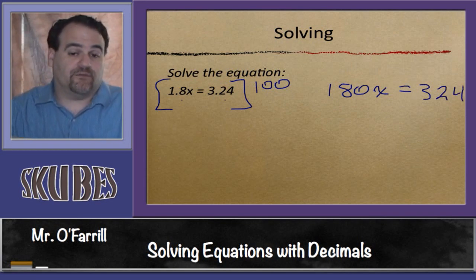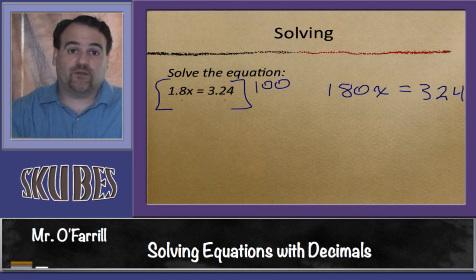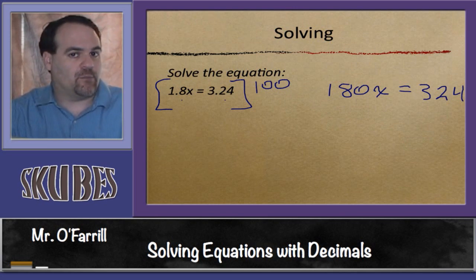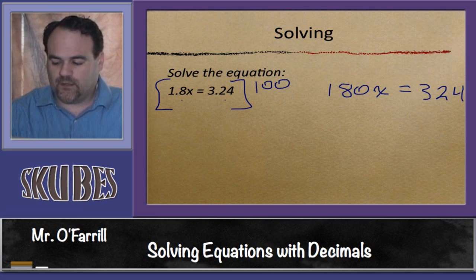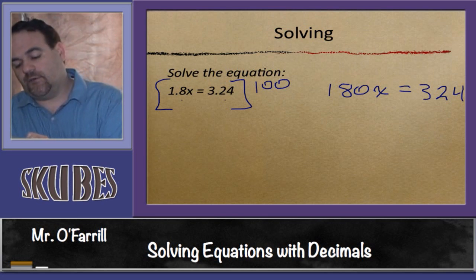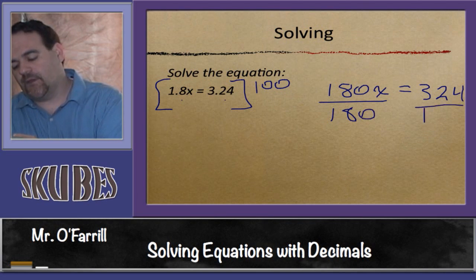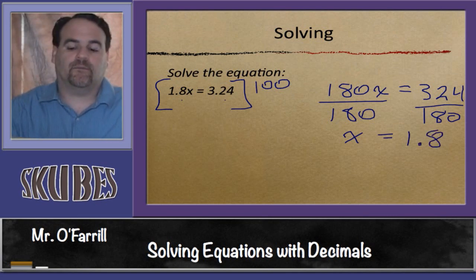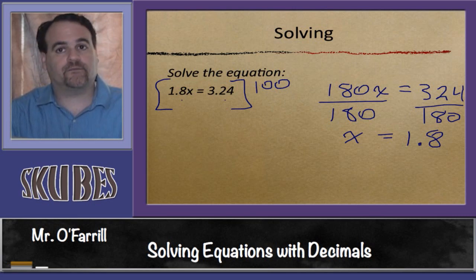Now, if you remember how we do long division, we're still going to be doing the exact same procedures. So really all we did was add a step to get rid of the decimal, which is going to have to be put back again later. But all we need to do is divide both sides by 180. You can use long division to get that done, but the answer is still going to be 1.8.